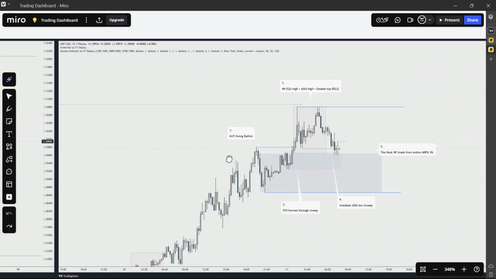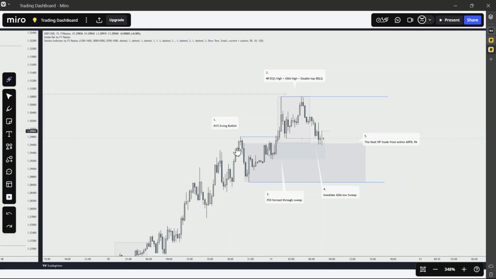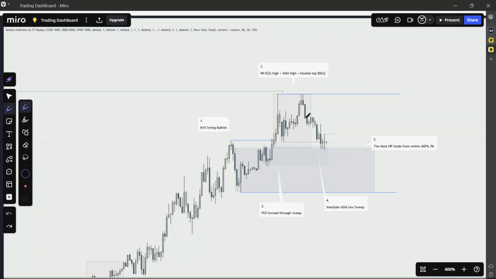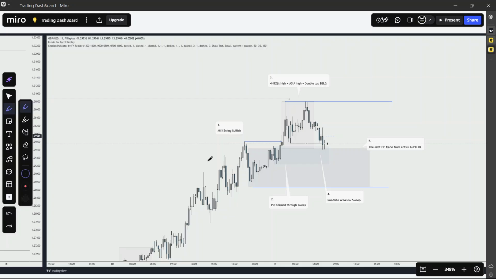Now let's come to the M15 chart, and here you'll notice why I classify this trade as the most high probability trade of my April month. Coming into the M15 chart, I have written four notes. I will go through them again. First, look at the overall structure and compare it to the framework.